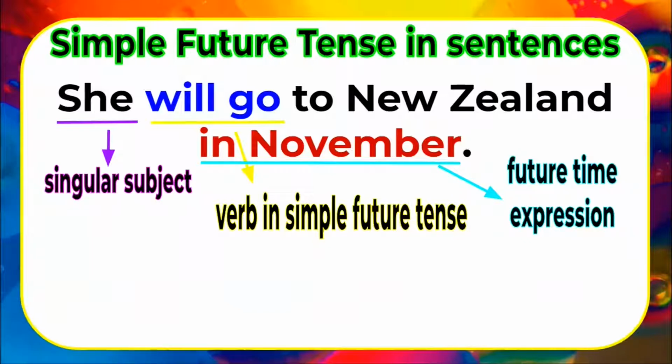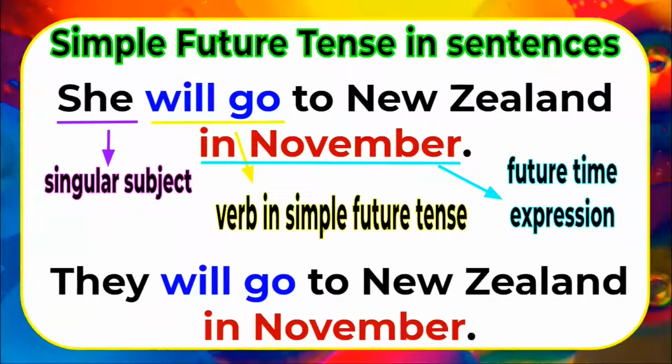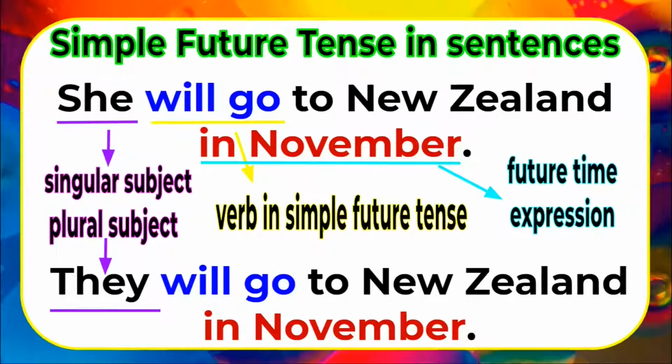Let's look at this sentence. They will go to New Zealand in November. Our subject is they. They is plural. Even if we have a singular subject and a plural subject, our verb in simple future tense does not change.